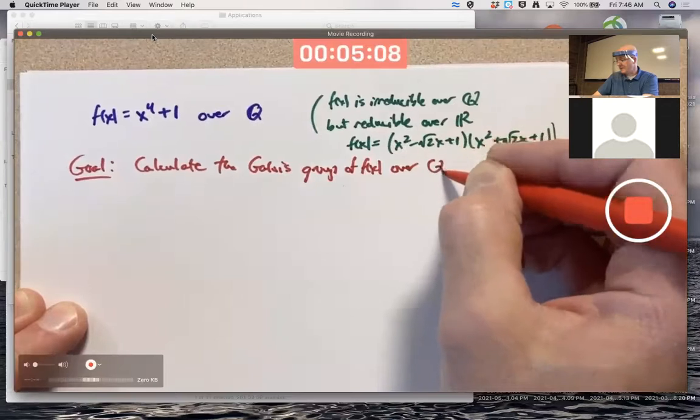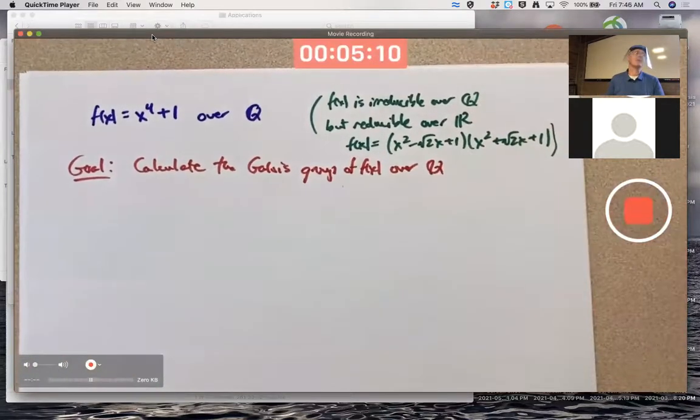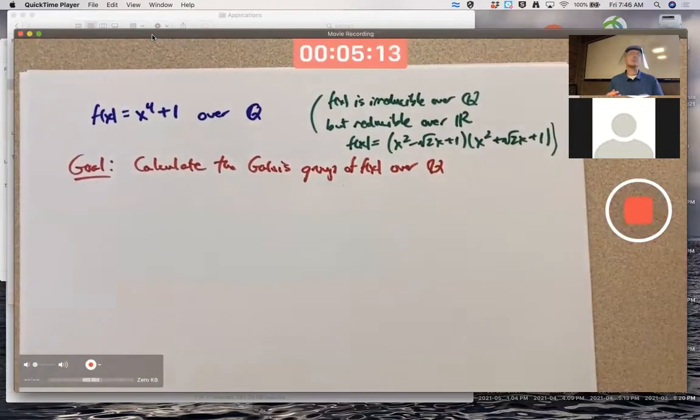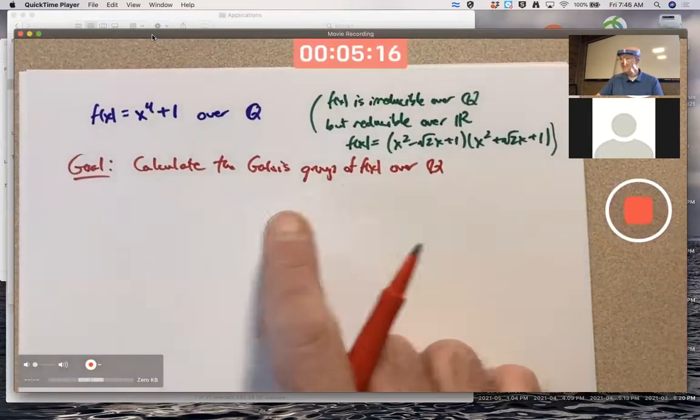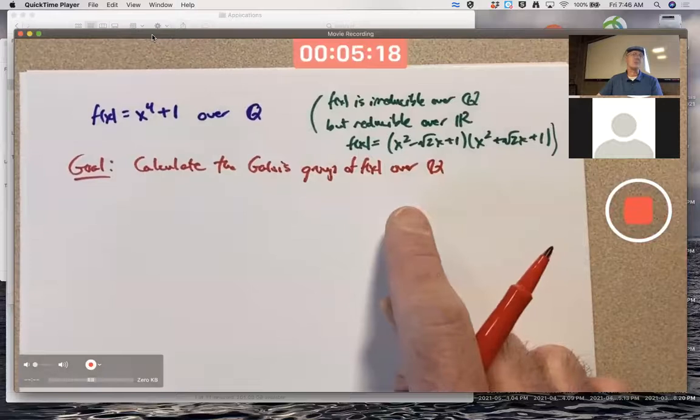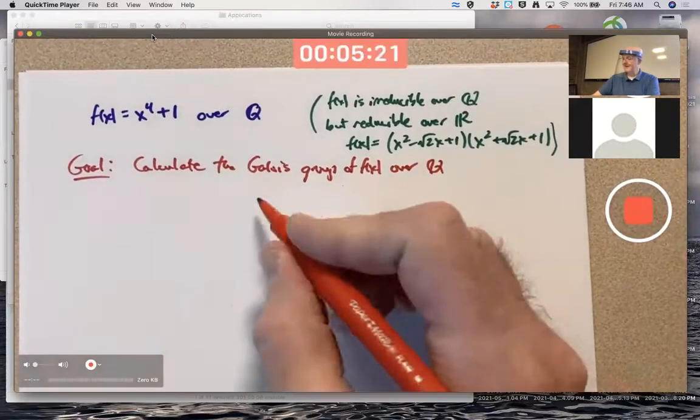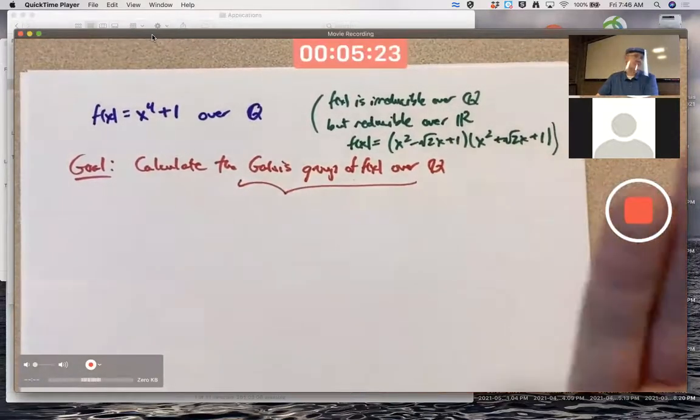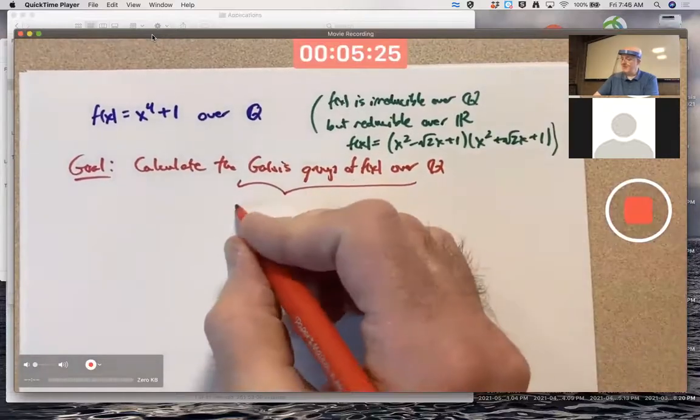I'm going to phrase this differently than we've done so far. So far we've phrased Galois groups as being for a field extension E over the subfield F. Now we're saying calculate the Galois group of a polynomial over Q. That's a different phrasing, right? What does this mean?